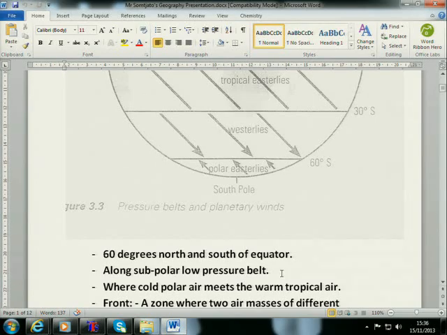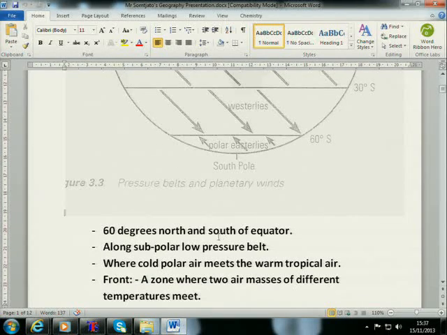That answers the area of formation of the mid-latitude cyclone. Learners are advised to know exactly where the mid-latitude cyclone originates: at 60 degrees north and south of the equator, along the subpolar low pressure belt, where cold polar air meets the warm tropical air. The front.